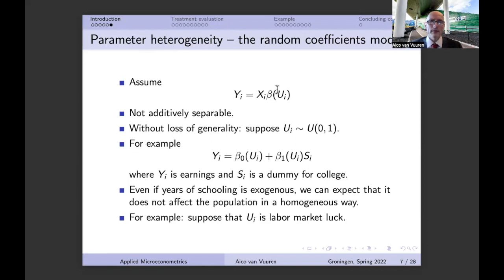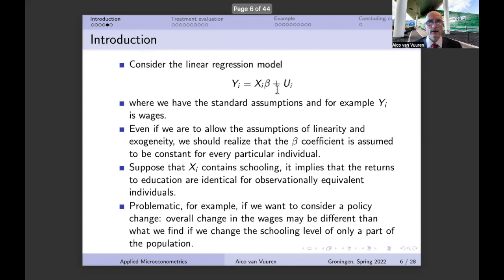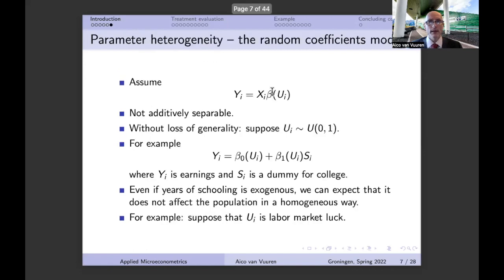Well, that might give you the idea that this model is almost identical to the model that we have on this slide, but that's actually not true. You should take into account that these two models may be as opposite from each other as you can have in econometrics.